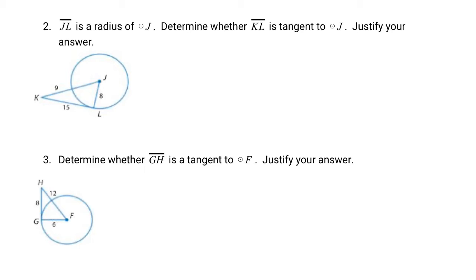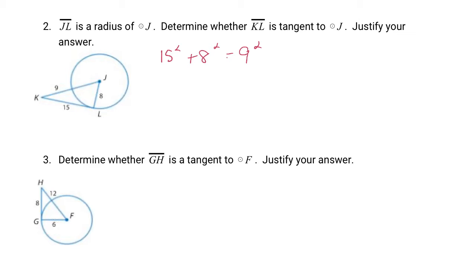We've got JL, a radius of J, and we want to know if KL is tangent to J, and we want to justify our answer. So we need to see if JKL is a right triangle. To do that, we use the Pythagorean theorem and say that if it is a right triangle, then 15 squared plus 8 squared should equal 9 squared.